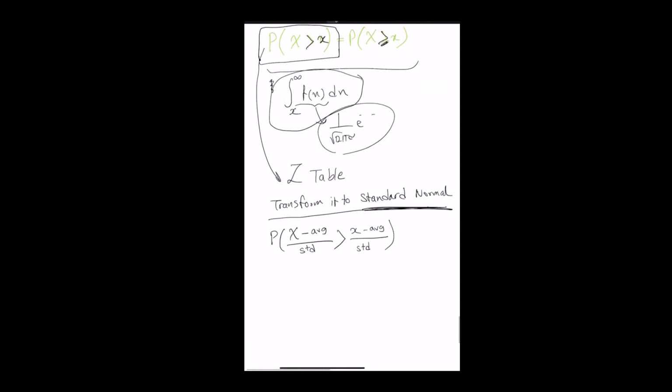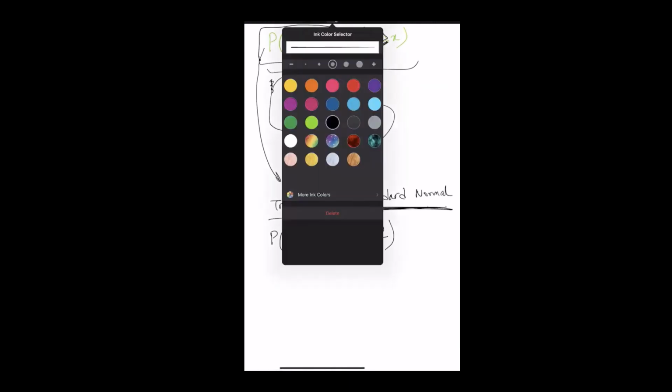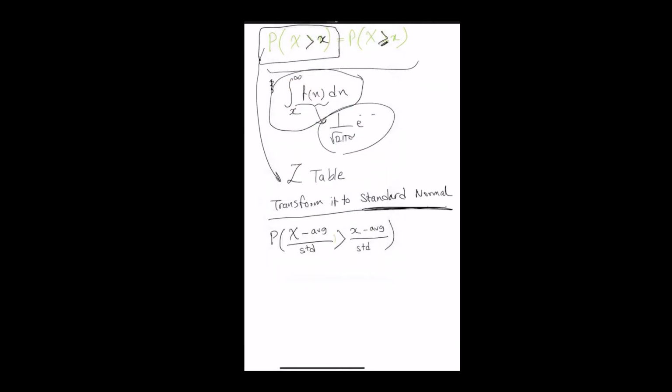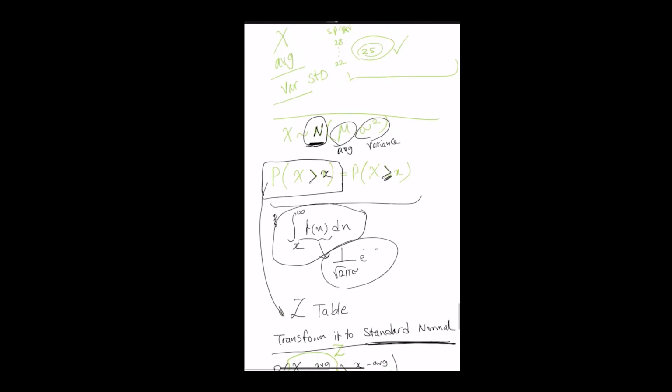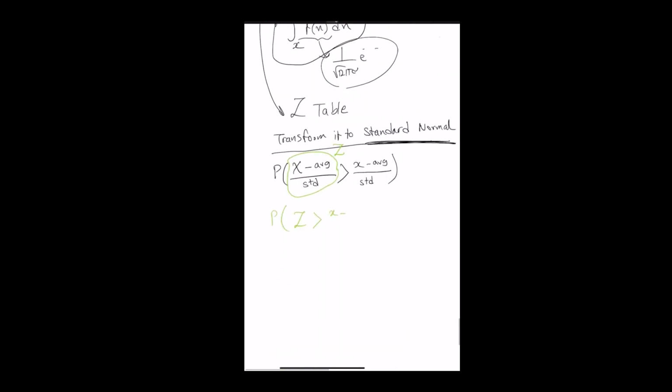Okay, and this left side is basically what we call capital Z, probability of Z greater than x minus average over standard deviation. Okay, let's make up something. I would say x has a normal distribution, average 10, variance 4. X minus 10 divided by the standard deviation is?